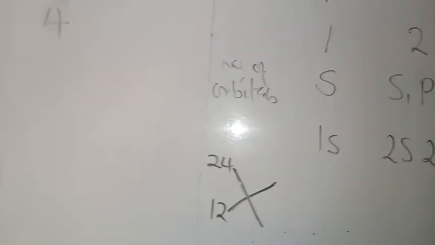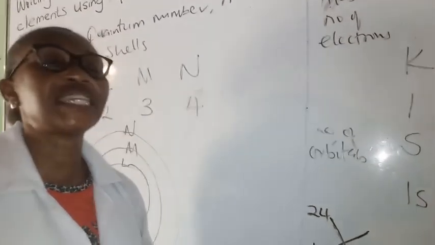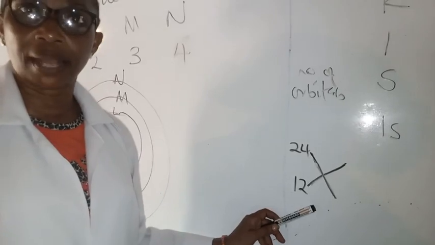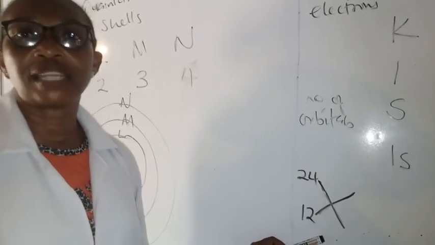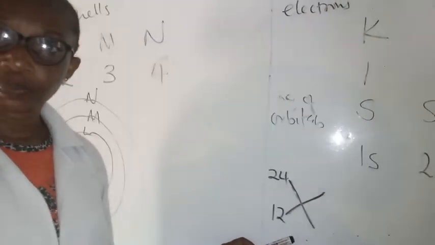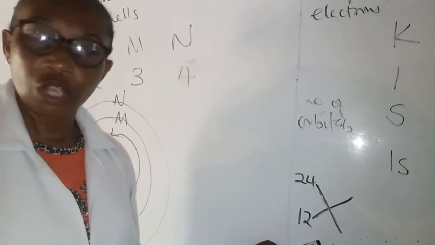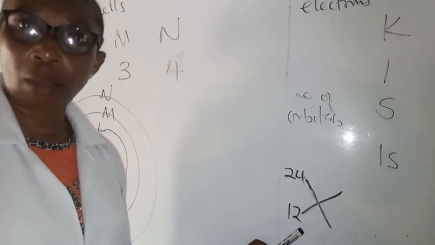When you are given this kind of symbol, you use the number down, which is the atomic number. Remember in the last video we said atomic number represents the number of protons, and in a neutral atom, the number of protons equals the number of electrons. So we assume that 12 is the number of electrons.